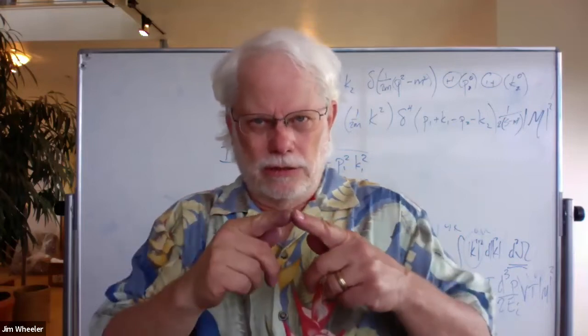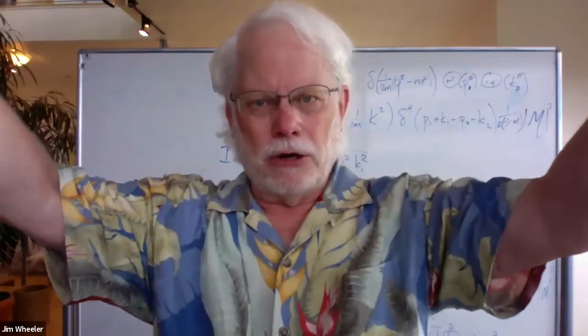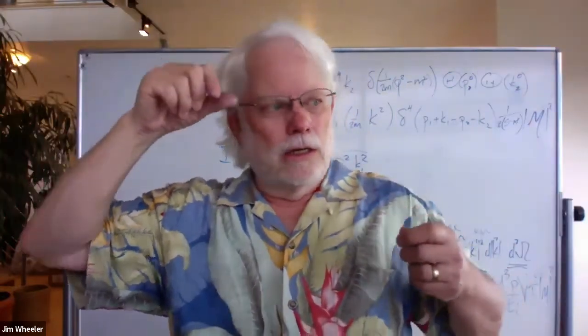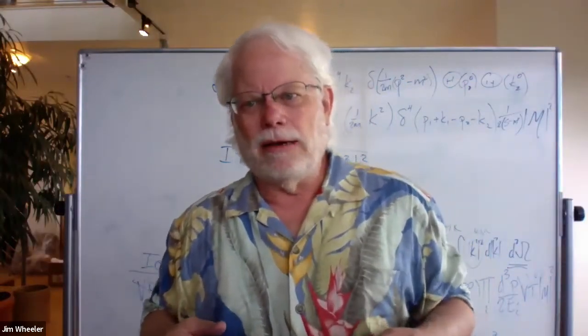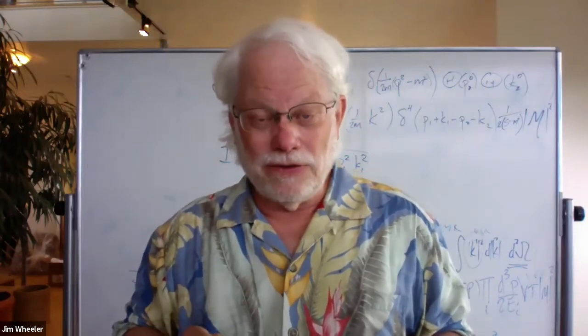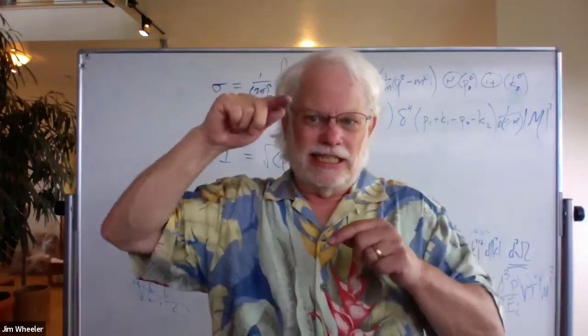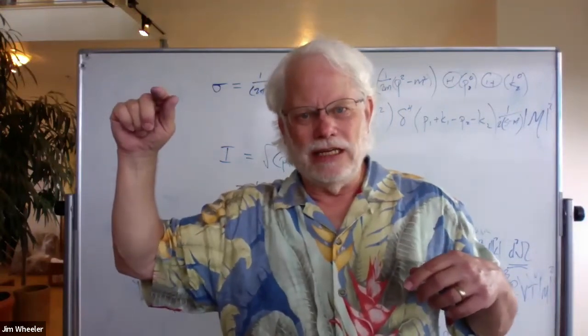One of the channels, the 2 particles annihilate, go into a photon, and then pair produce again. Well, that can also happen if the energy is above 91 GeV. You could also produce a Z0 particle and do the same thing. So the cross section suddenly takes a step up at 91 GeV.